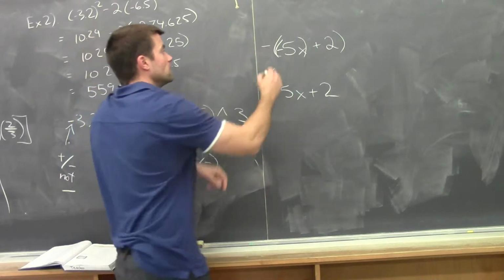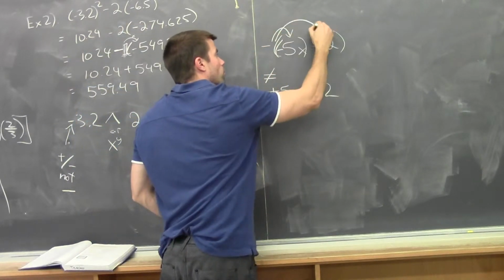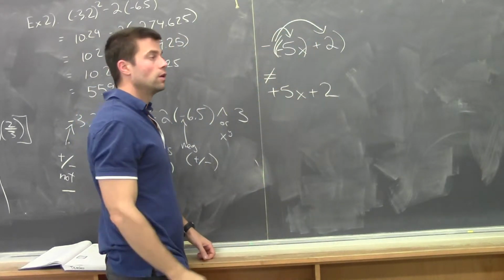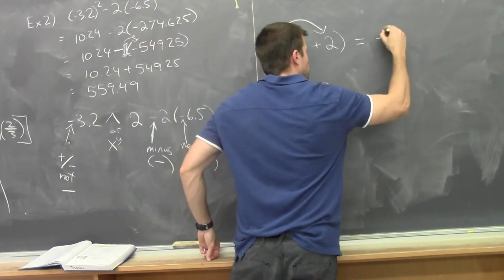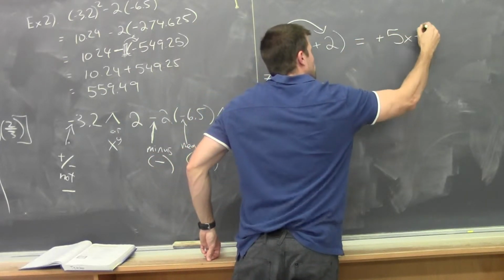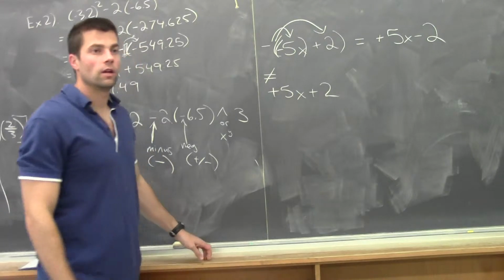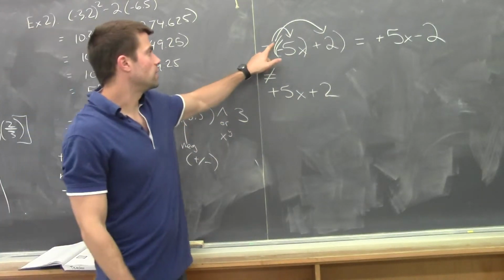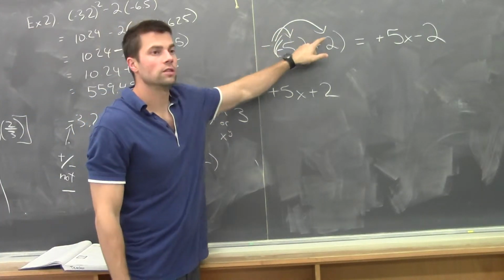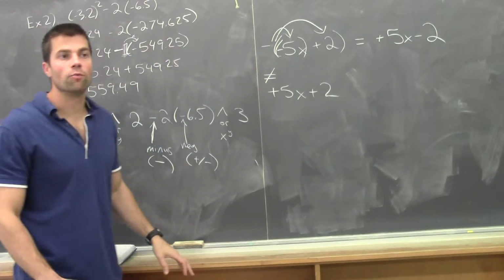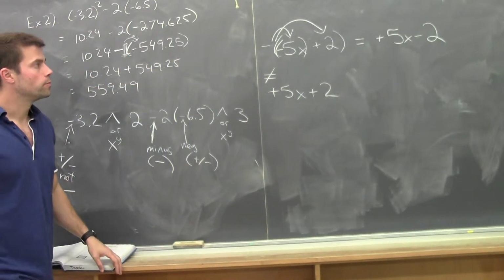That negative sign has to be distributed to both. So it would have to be equal to positive 5x minus 2. So that's where that concept of taking the 1 and distributing it, changing the signs, comes in. We're going to see more of that later. That negative sign would go to the 2.